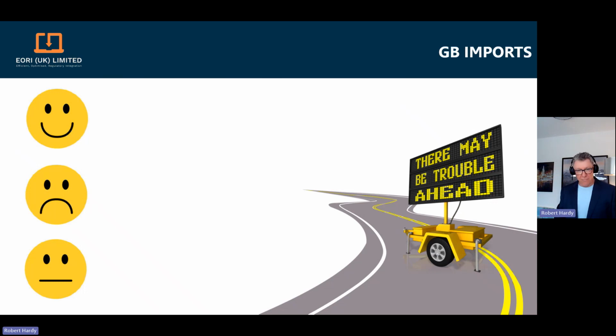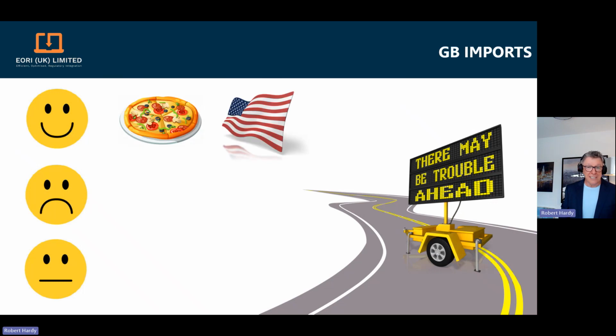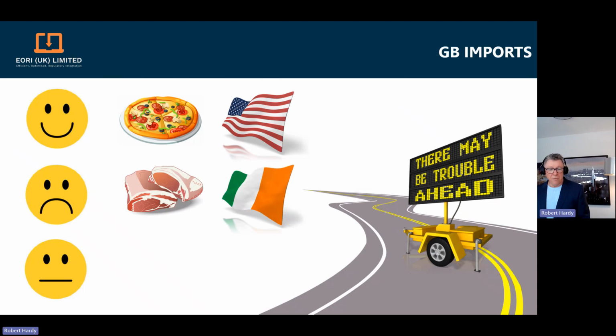So at the moment, with the border operating model, whatever you want to call it, what's good? Well, if you're importing pizzas from America, it's going to get easier because there's going to be relaxation on composite goods. Not yet, but it's coming. If you import bacon, for example, from Ireland, it's going to get a bit tougher. It's going to get tougher from January and a bit tougher thereafter when the border control posts open, although West Coast is not until October.